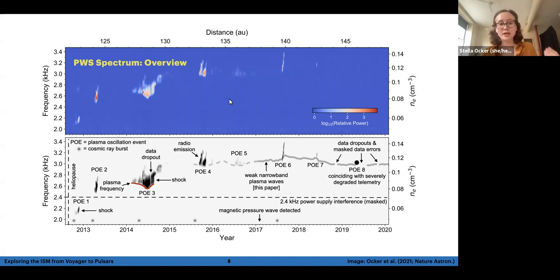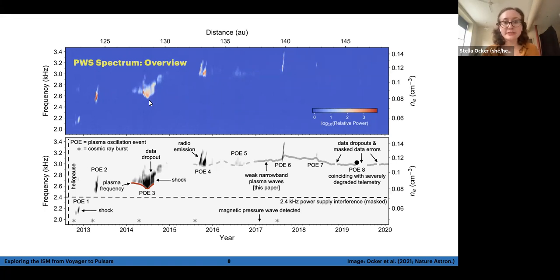These are plasma oscillations that are triggered upstream of shock waves that originate within the heliosphere. When the sun emits something like a coronal mass ejection, this sends shock waves coursing out through the heliosphere and actually into the very local ISM. And upstream of these shock waves, we see these transient plasma oscillation events.